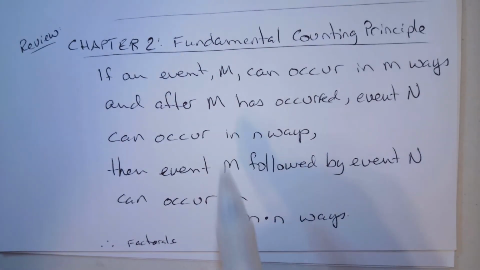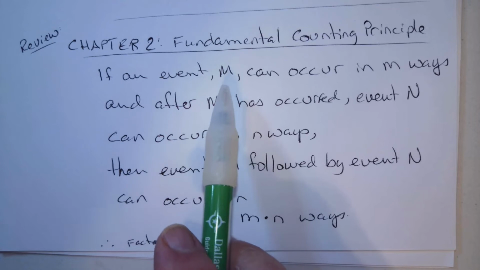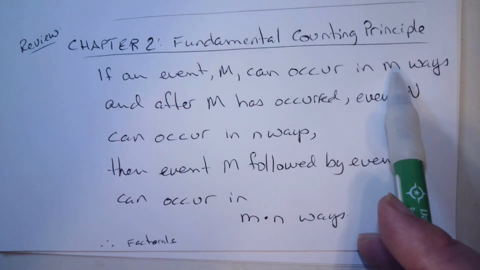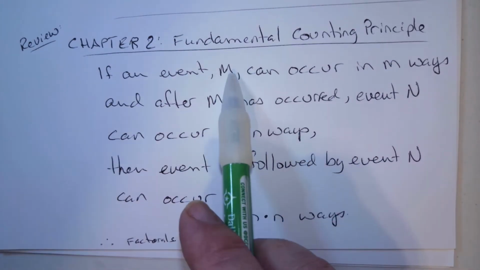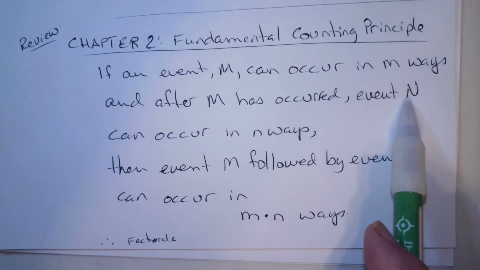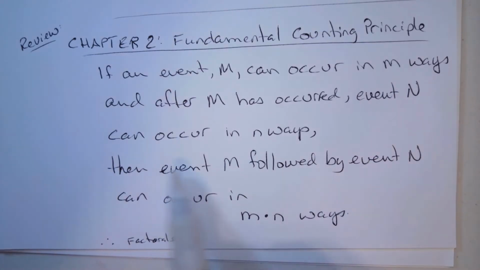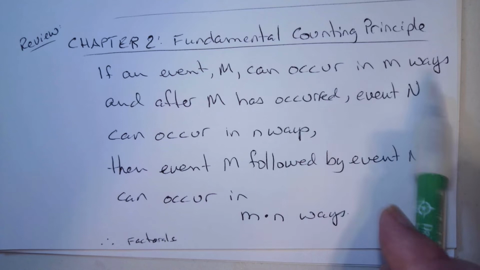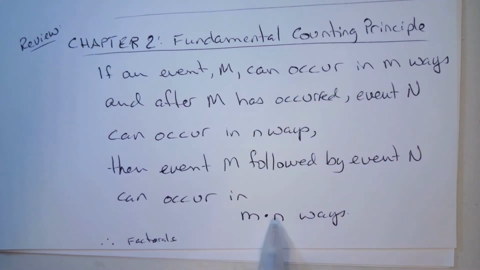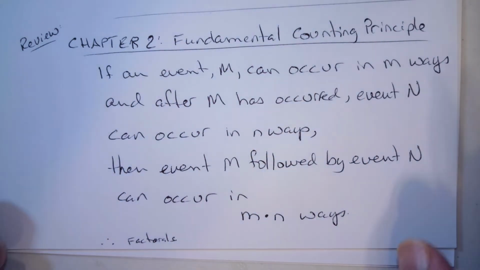If one event can happen 5 ways, and after that finishes another event can occur 4 ways, then to find the total number of ways these two events can happen, you multiply them. 5 times 4, it can happen 20 different ways. So that's the basic outline.